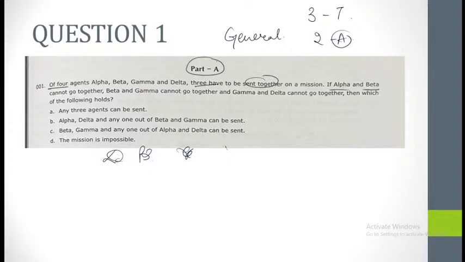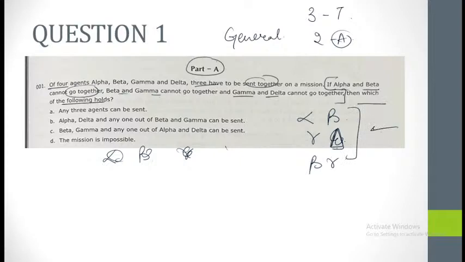Over here it has given you some information: alpha and beta cannot go together, gamma and delta cannot go together, and beta and gamma also cannot go together. So these 3 are the conditions given to you. Now you have to find which of these holds correct. This is the complete question.